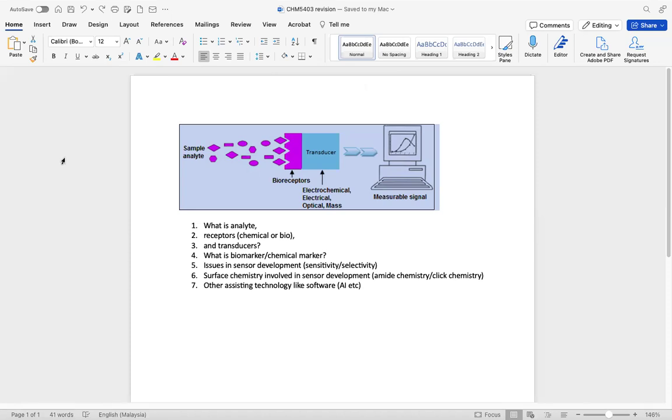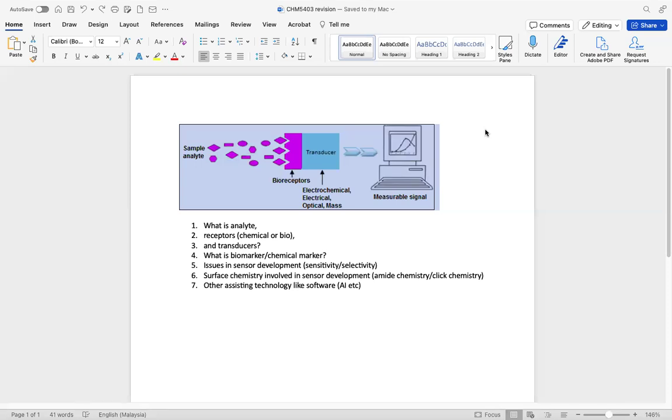The figure that I'm showing right now is the basis of a biosensor or chemical sensor. And of course, this biosensor is not trying to totally replace benchtop machines like HPLC and GCMS, but it is a good alternative, because we know that benchtop machines are very expensive.